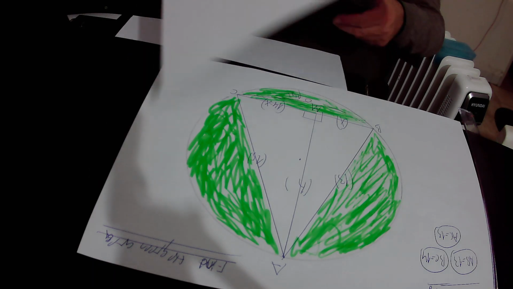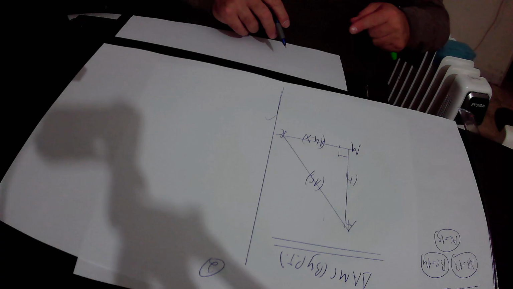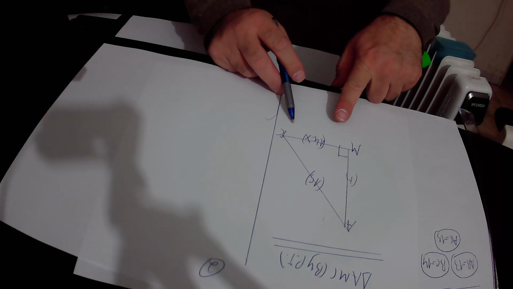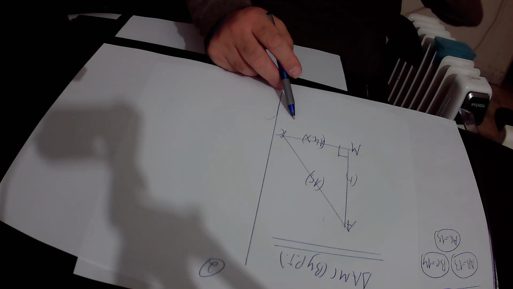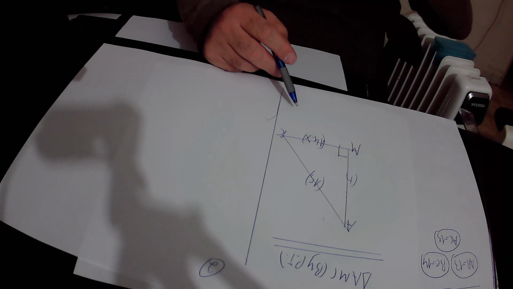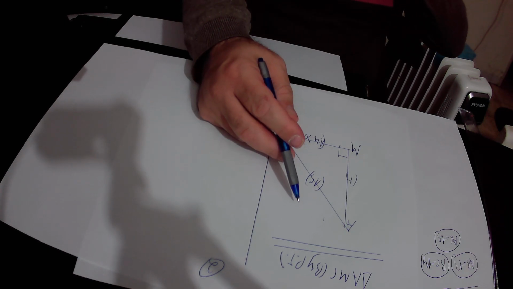So actually, this is the right triangle AMC that I copied from the original drawing. Side MC equals 14 minus X units according to what we already found out. AM equals H according to our definition. And the hypotenuse AC equals 15 units according to what is given in the question. Here PT is the abbreviation for Pythagoras theorem.